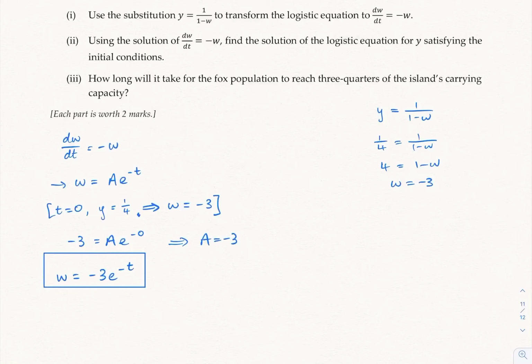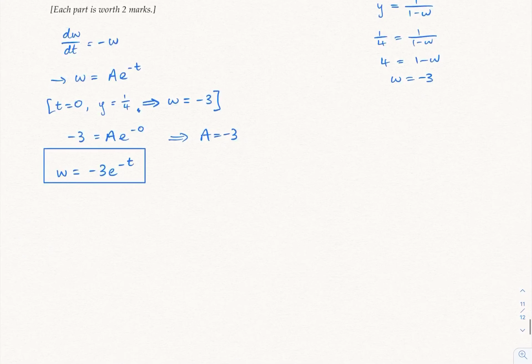All right, and so we now have y equals 1 over 1 minus w. So y equals 1 over 1 plus 3 e to the negative t. That is the answer.